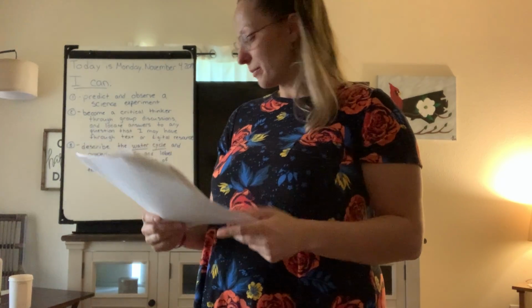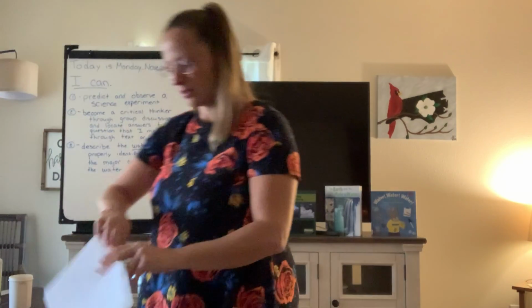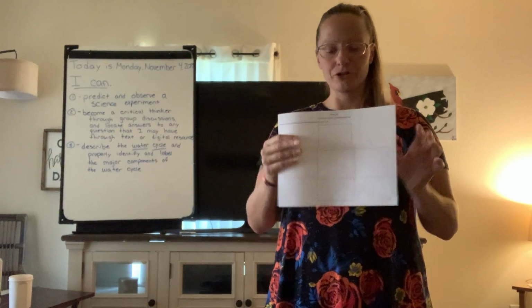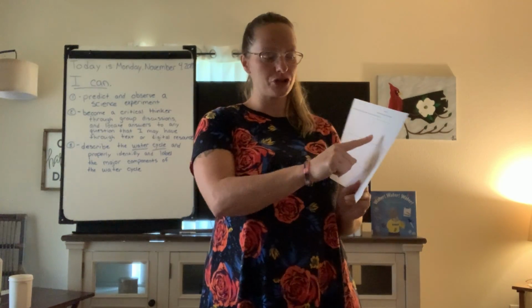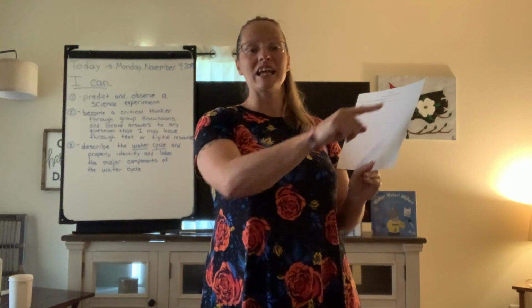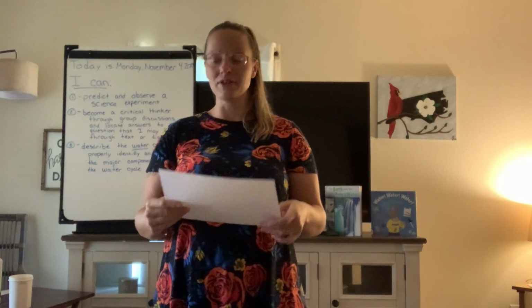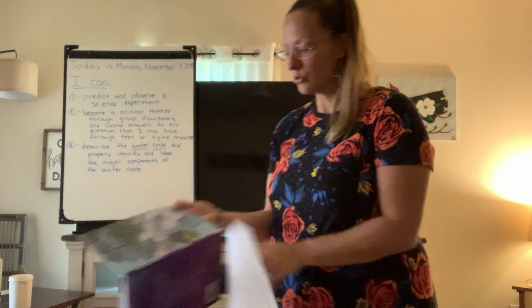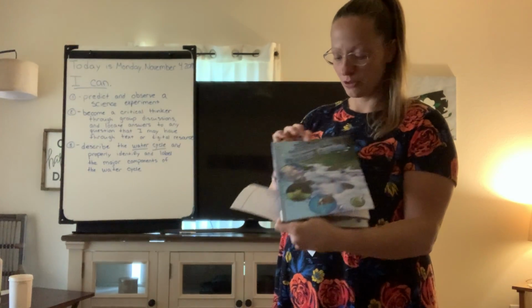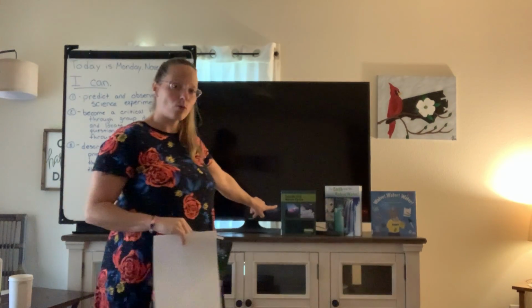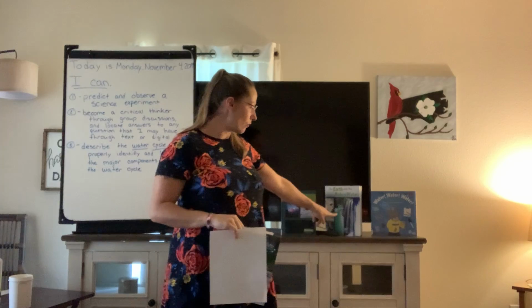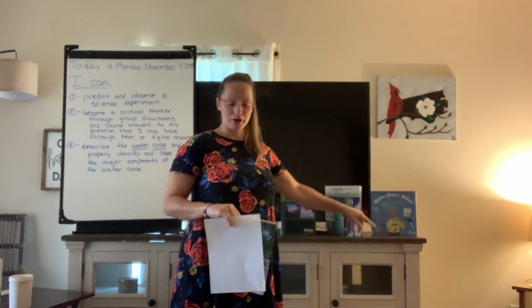Okay, so now that you have completed those last two sections, I'm going to pass out a post-graphic organizer. All I want you to do is draw a picture of each major component and label it. You're allowed to use any of the text I have inside the classroom, which is this one, The Wonderful Water Cycle, or Inside the Water Cycle, The Earth and Wool of Water, and Water, Water, Water.